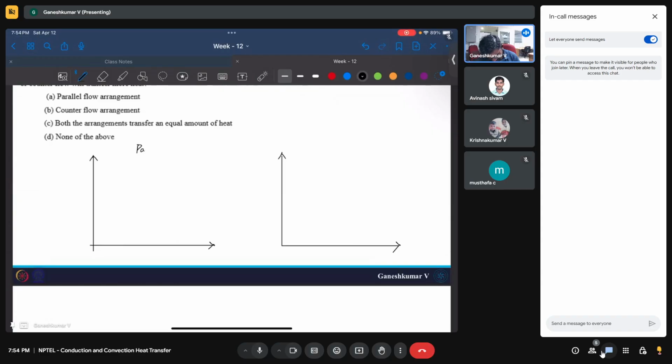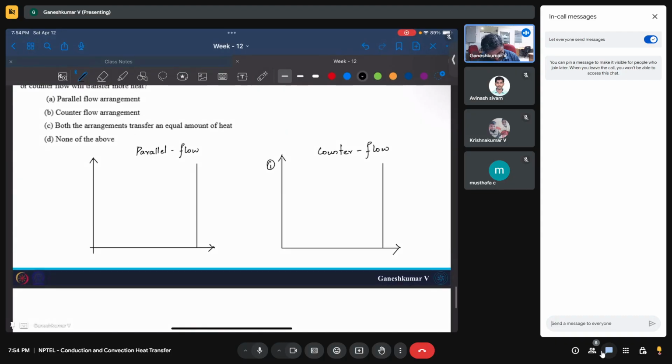So this is parallel flow. It's terminal 1, terminal 2.